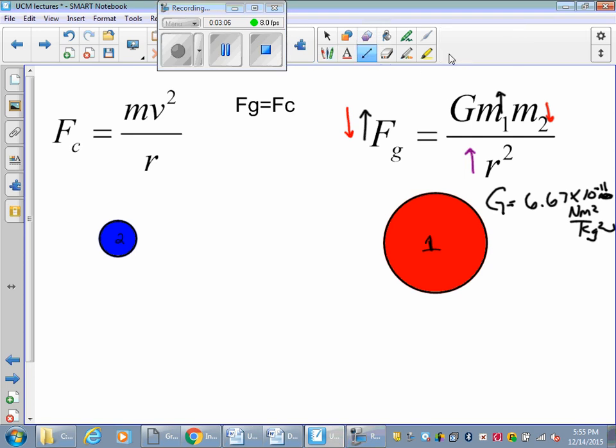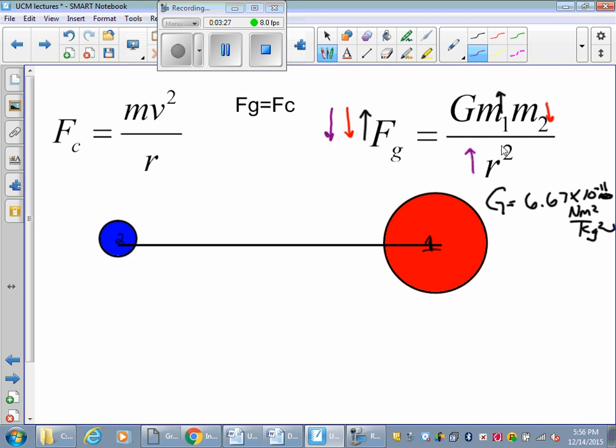The radius is the distance between the two centers. If I increase my radius, it's not going to increase the gravitational force. That doesn't make any logical sense. If I increase the radius here, I'm going to decrease my gravitational force, but it's not that easy.